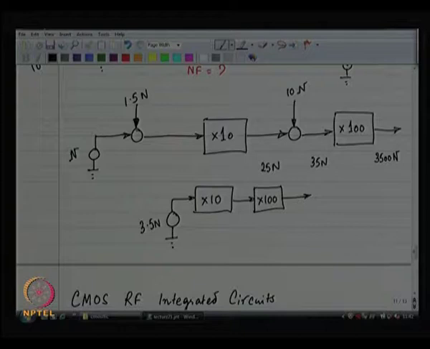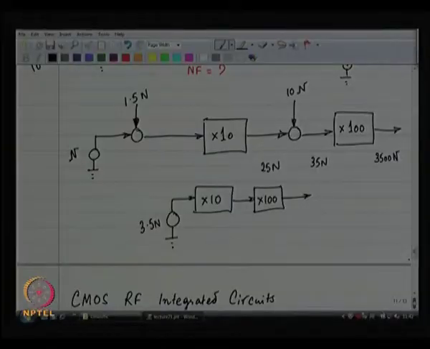So, the input referred noise is 3.5 times n. Now, your noise figure is the total input referred noise divided by the noise of the source. So, you have got 3.5 times n divided by n, which is a factor of 3.5.